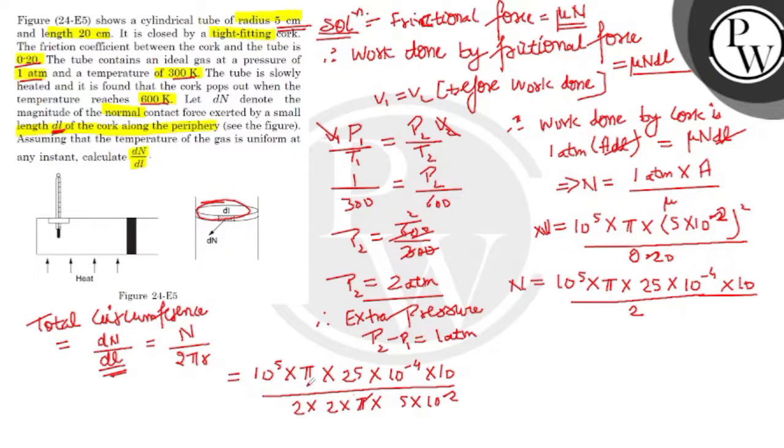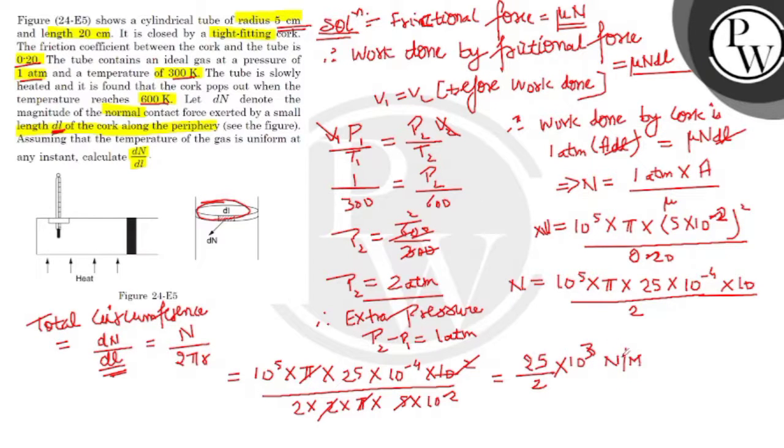Pi is cancelled out by pi. 5 ones are 5, 5 twos are 10, 2 is cancelled out by this 2. And here is 10 power minus 4 and minus 2, going over to plus 2, so 10 power minus 2. 5 minus 2 is equal to 10 power 3 and 25 by 2 into 10 power 3 Newton per meter.